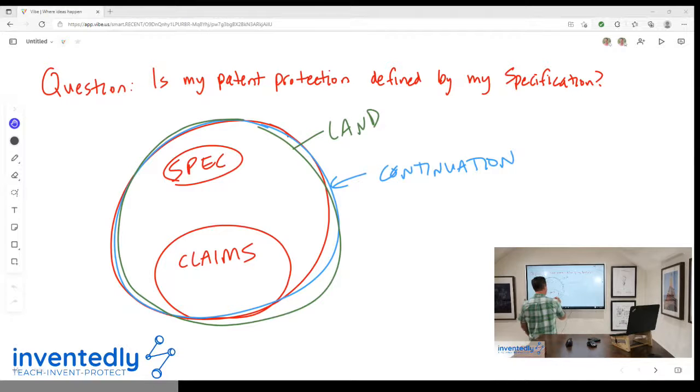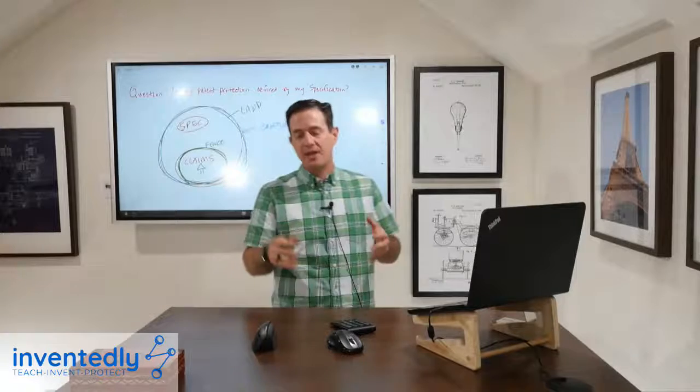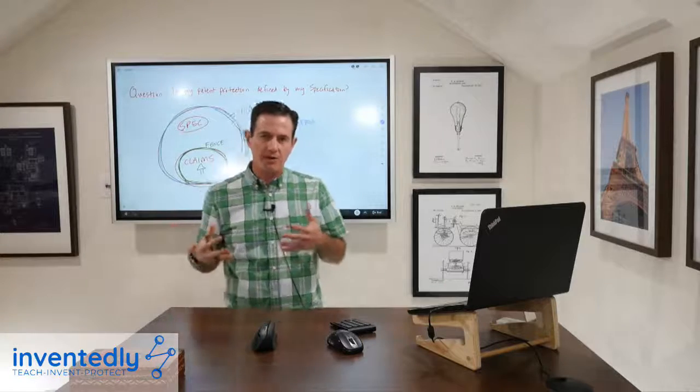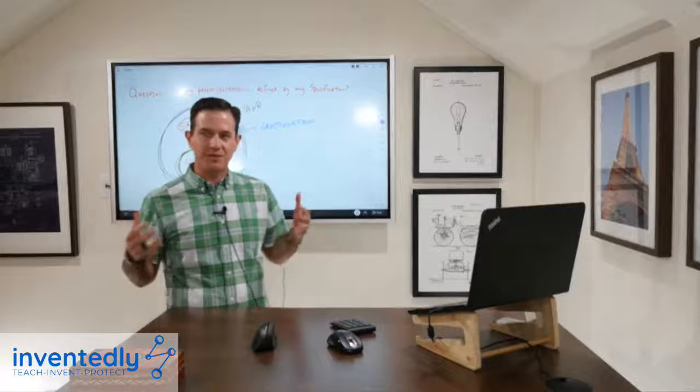And the claims right here represent our fence. So this is our fence line. Let's say that we have our little house way out in the prairie, and that is where our house is actually located. The fence line around the house would essentially be representative of our claims, but that doesn't necessarily mean that all the land that we own has a fence line around it.